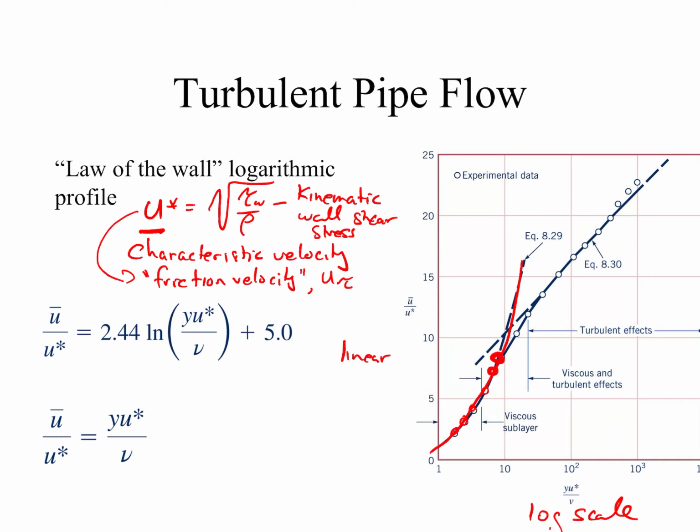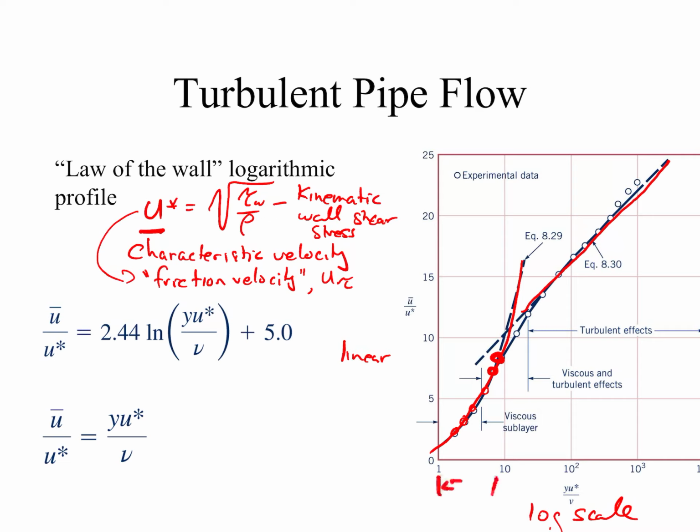But then as we move away from the wall on this scale, the data seem to follow this line that doesn't have a curvature to it in log space. And so we actually have two different equations that we use.